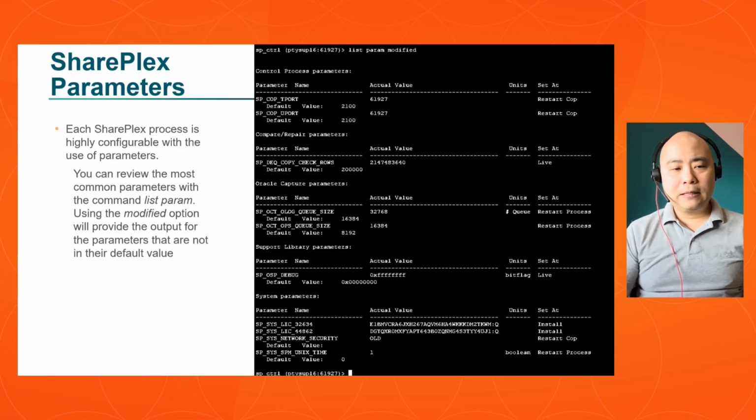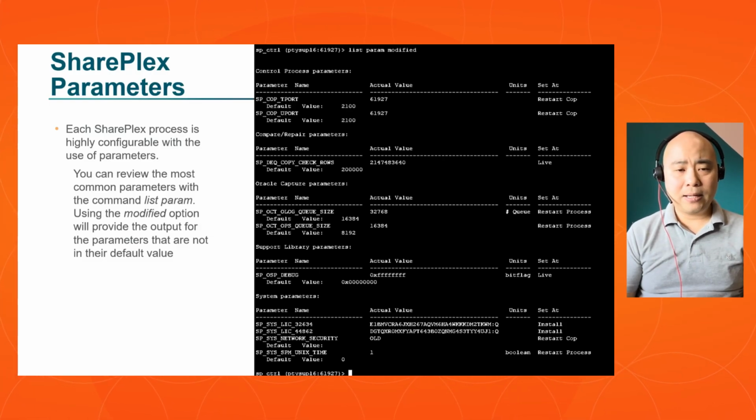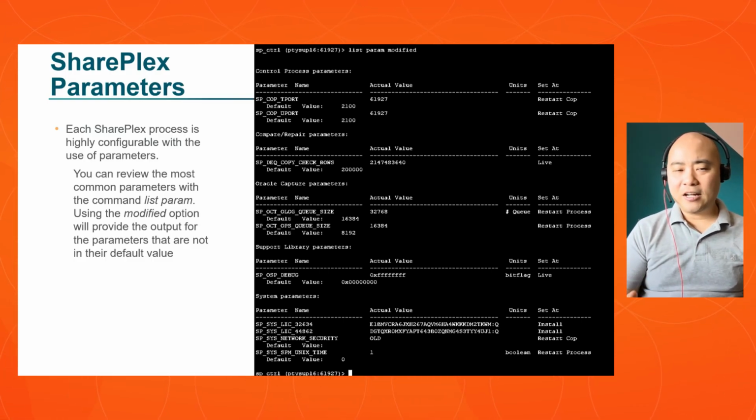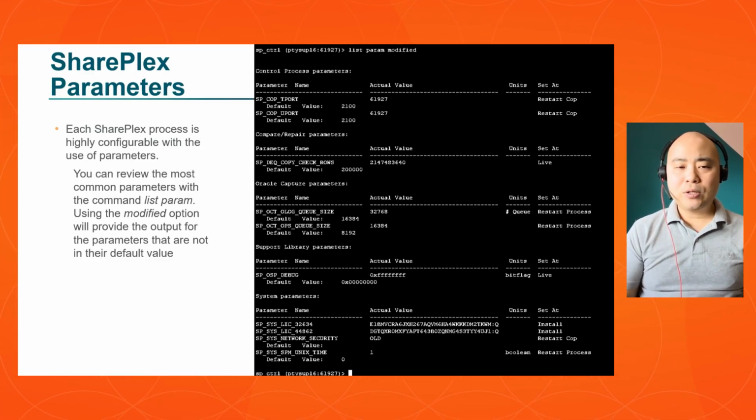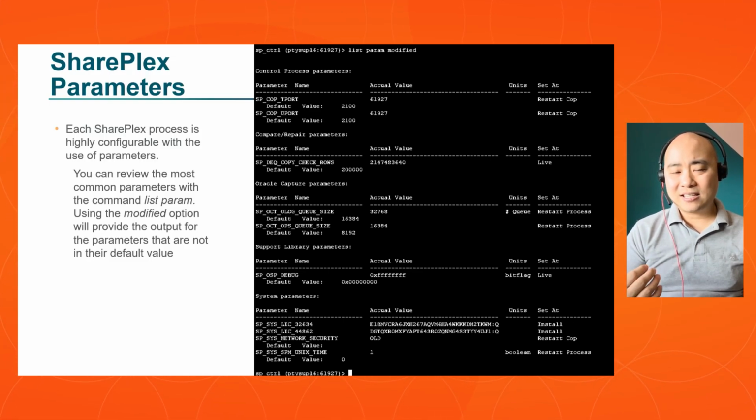You can view what parameters there are with the list param command. There's a list param modified option. It will show you the parameters that are not at the default value, meaning that they have been modified. You can do list param all. It will show you a more extensive list.